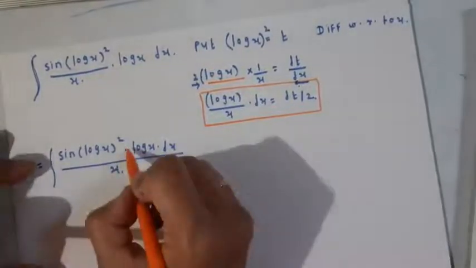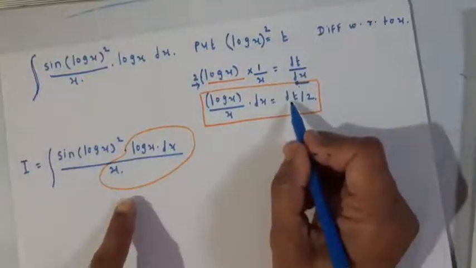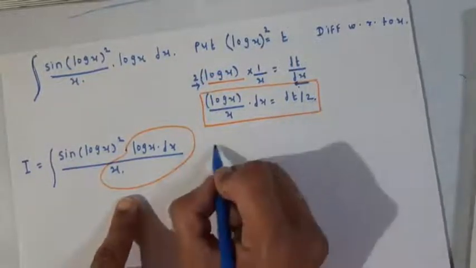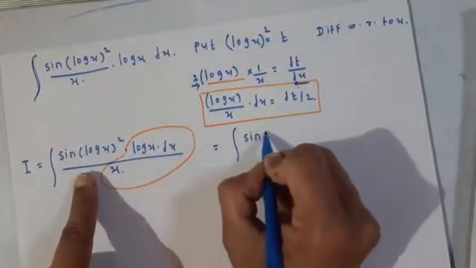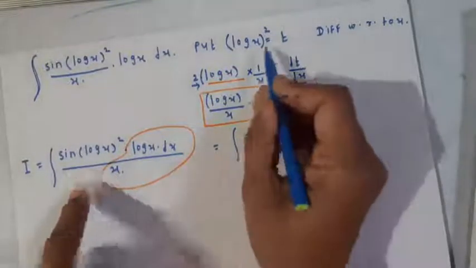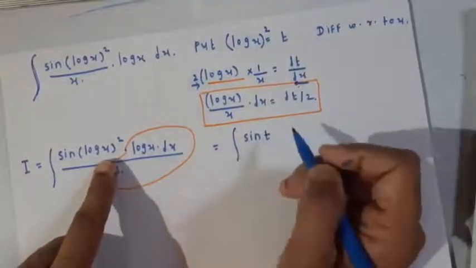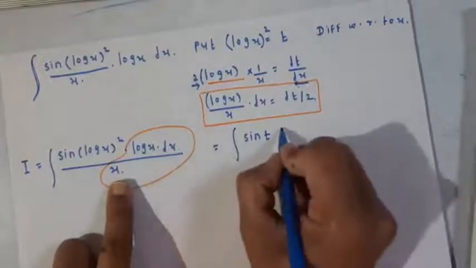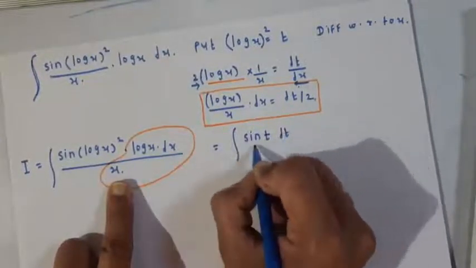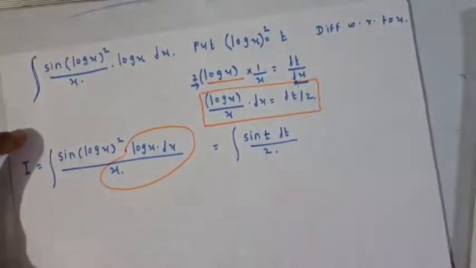This value is equal to dt by 2. So the integration becomes sin of t, since log of x whole square equals t, and log of x dx upon x is dt upon 2. The problem is very simple now.